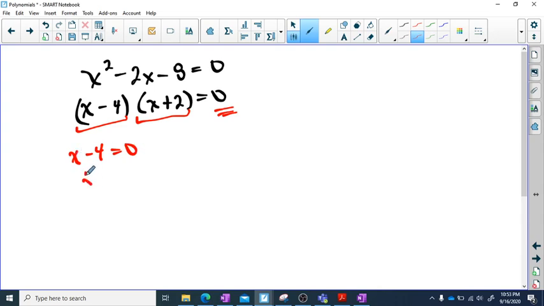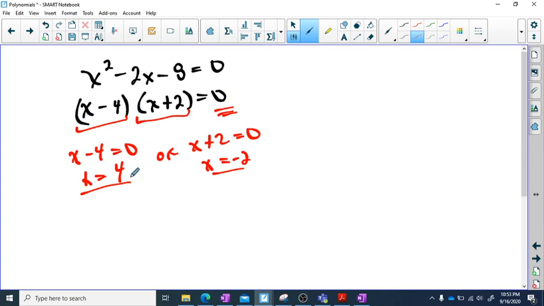So you just solve for x. x would have to be 4, or x could also be -2. If you put either -2 or 4 in for x in the original or in either of these factors, you'd get 0.